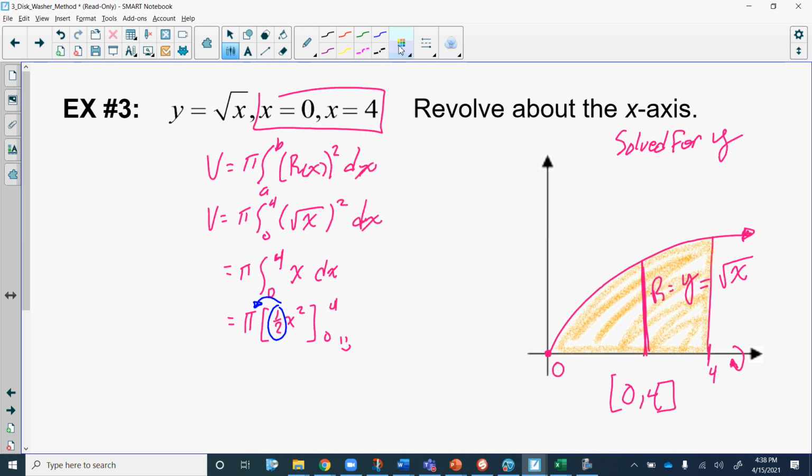And so that is going to give me pi over 2 times 4 squared minus 0. I guess I should technically have that in a bracket. So that would be 16 over 2, which would just be 8 pi cubic units. And there's the volume. Okay?